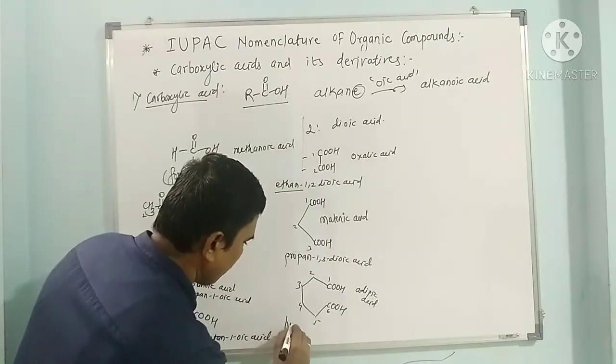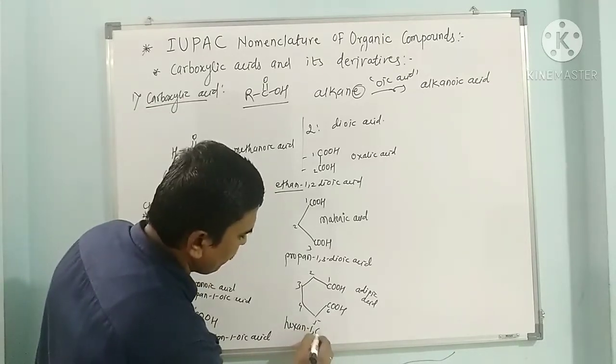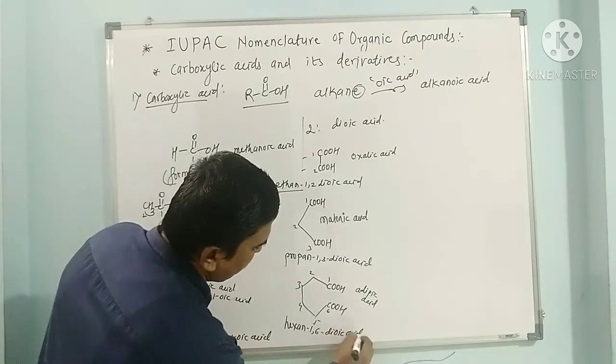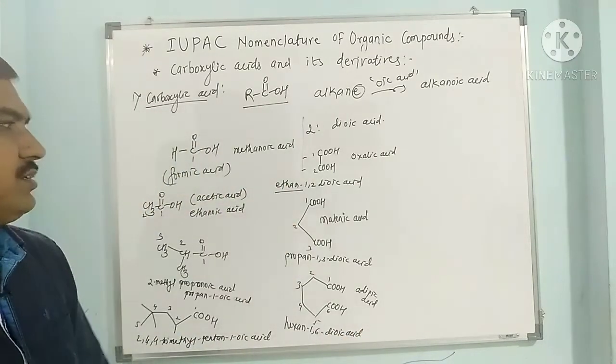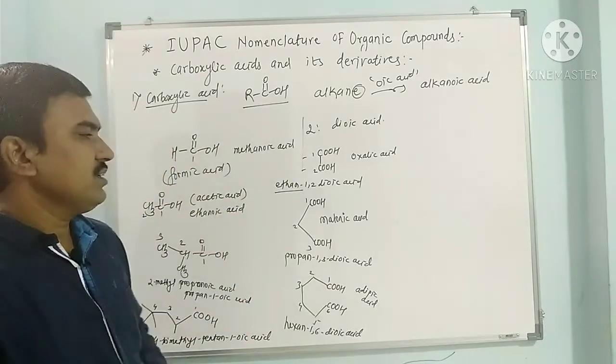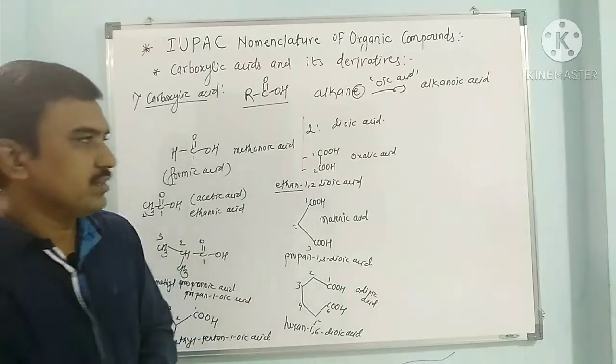So it is hexane 1,6-dioic acid. So in this way, here we have seen IUPAC nomenclature of monocarboxy compounds and dicarboxy compounds.